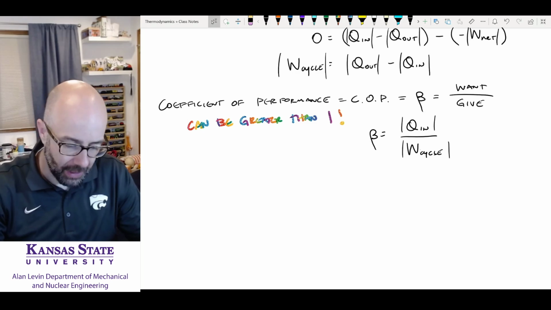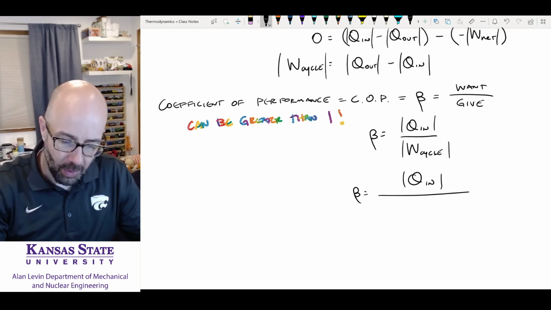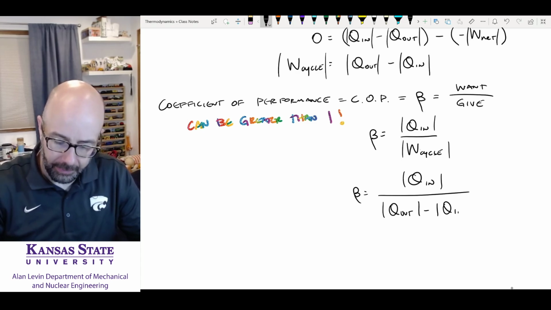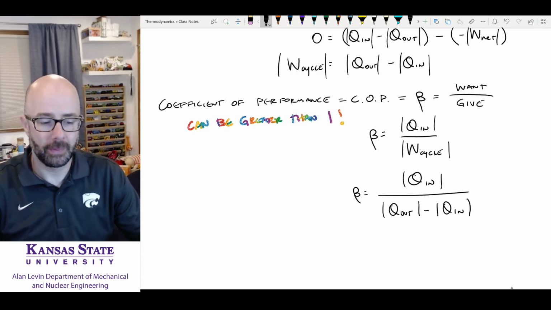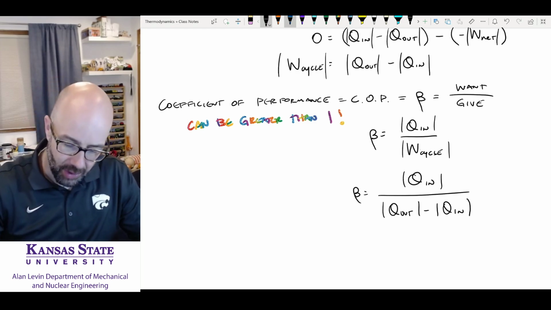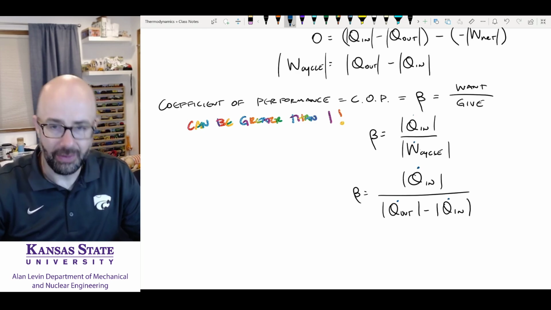Now we can write this differently. We can say that beta is equal to Q in over the work of the cycle, which is equal to Q out minus Q in. Just like in our previous equation, this all could be rates. We could put a dot over all of this and do rates, and we would be fine.